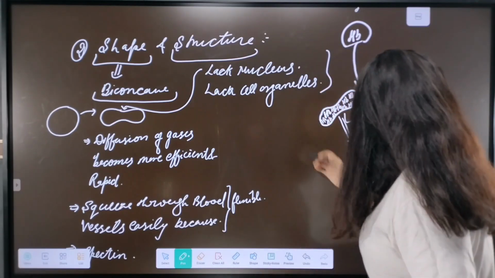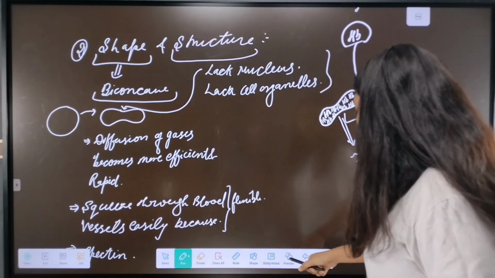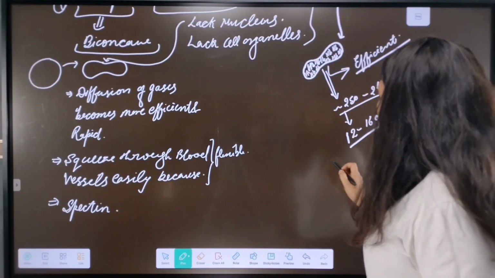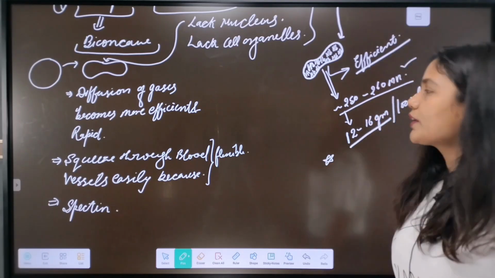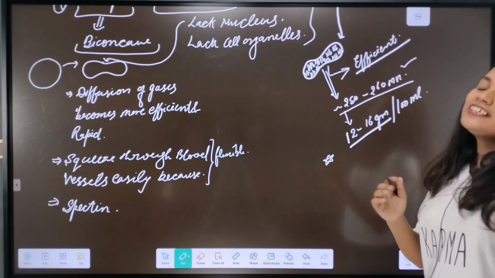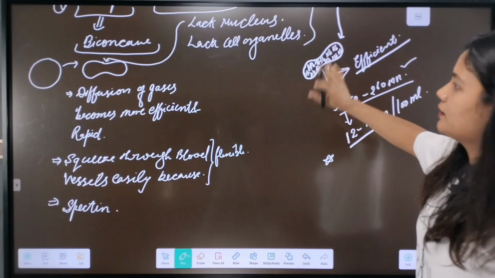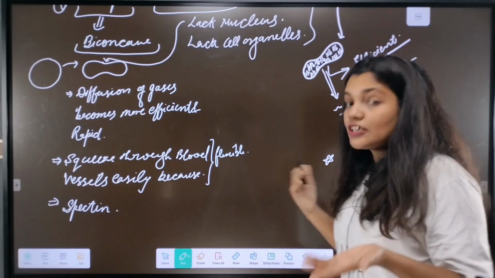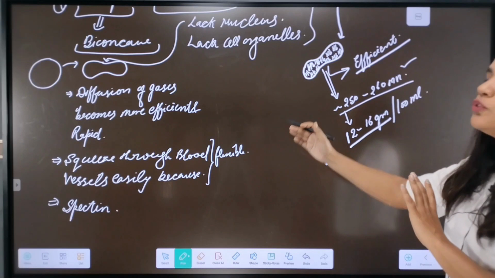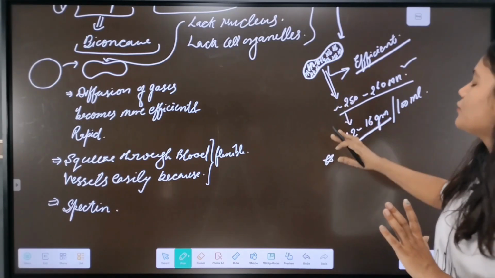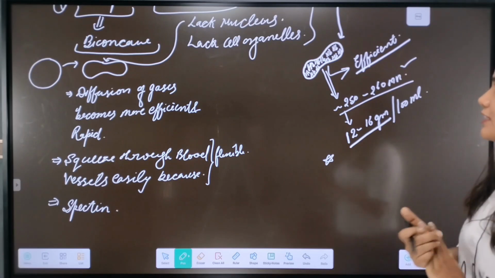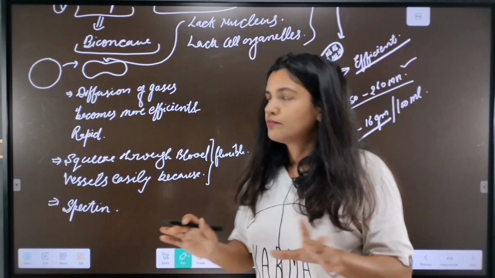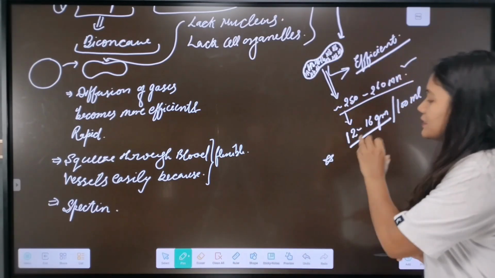Okay? So the next thing that gives them the advantage of not having any organelles: as we know, mitochondria do the cellular respiration. In cellular respiration there is a need for oxygen, and if any cell like our RBCs does not have mitochondria, it is not going to do cellular respiration, so it is not going to use any of the oxygen molecules that it transports. They transport so many oxygen molecules but use none of them, because of the lack of cell organelles, specifically the mitochondria.